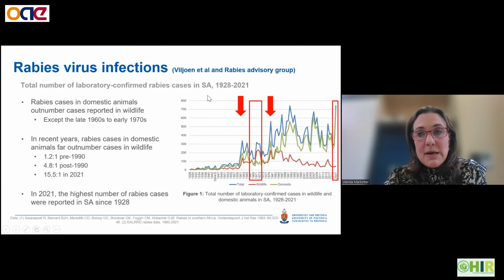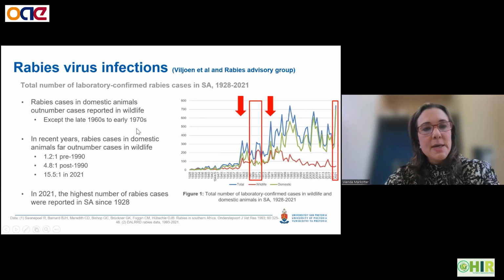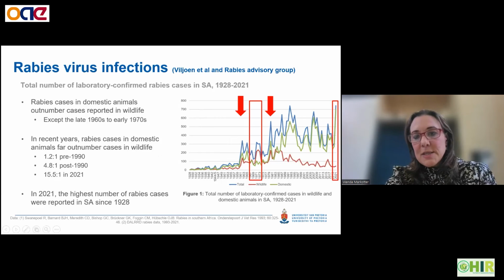So I'm on the rabies advisory group for the country, and we recently summarized all our rabies data for the past few years, also including molecular epidemiology data. If you look at this graph, we're actually in a state where we have the highest number of rabies cases in South Africa reported since 1928.